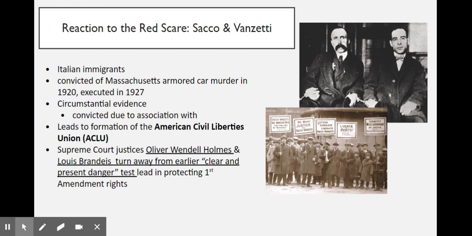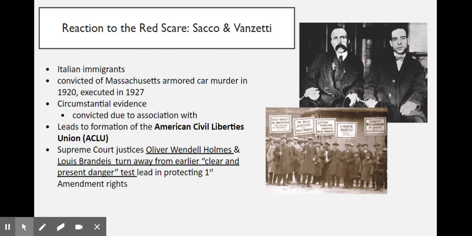No fingerprints on the car. The driver and the guard who were shot, no gun found in possession of either of these men. They will attempt to go through the courts in order to secure their freedom and delegitimize what an all white Protestant jury had decided in 1920 to no avail, and will be executed in 1927.